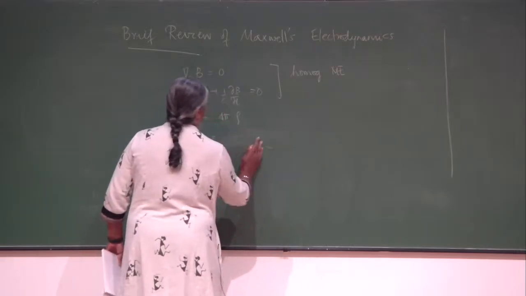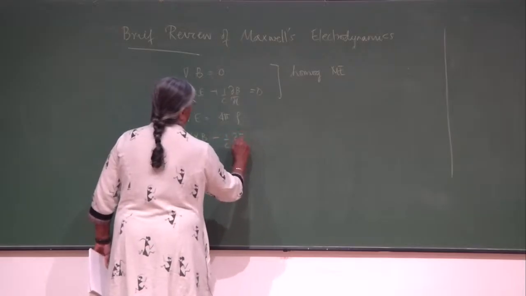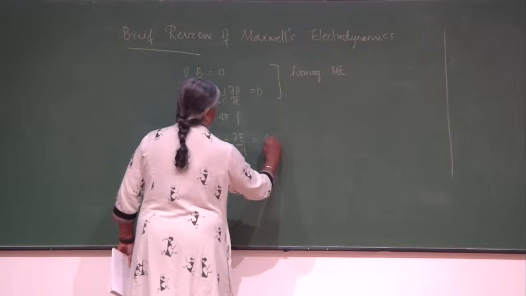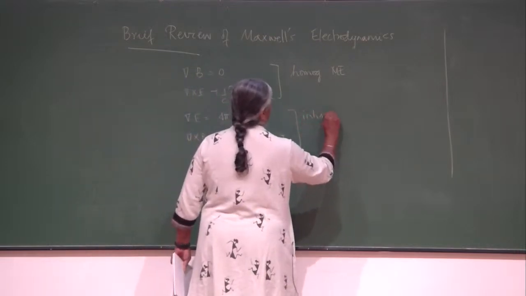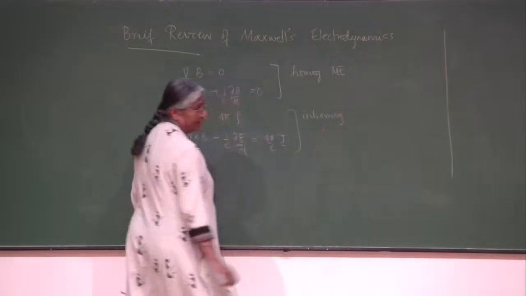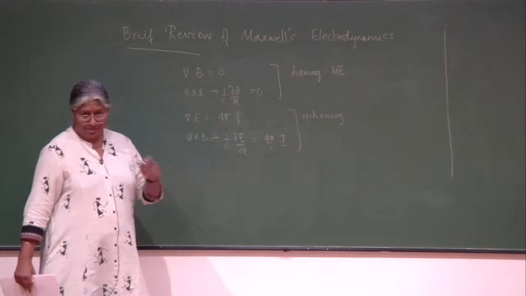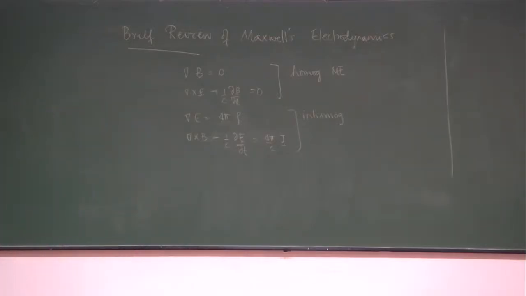Let me write it the other way around. Minus 1 by C dE by dt equal to. These are called the inhomogeneous equations. That's basically the right hand side here involves the charge and current density distributions. In the other one it is 0. So they are the homogeneous equations. Okay.